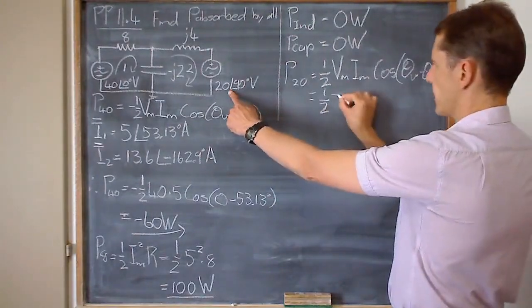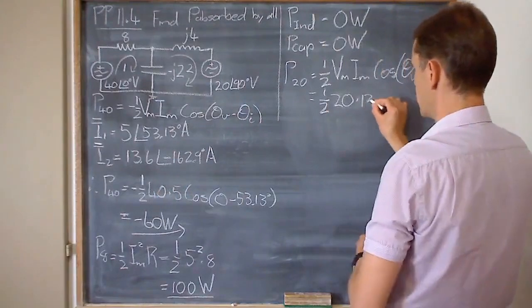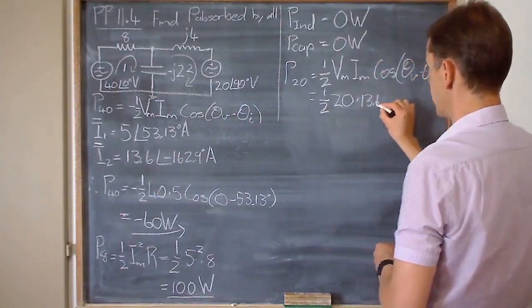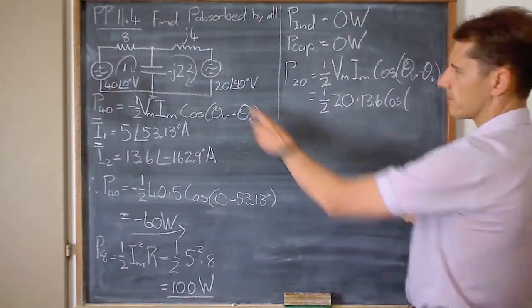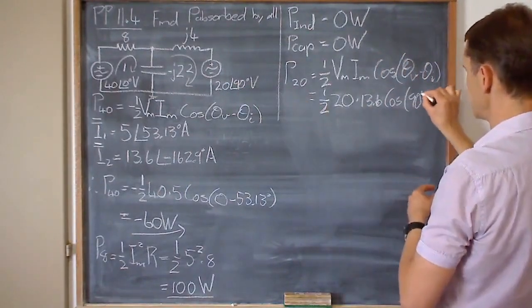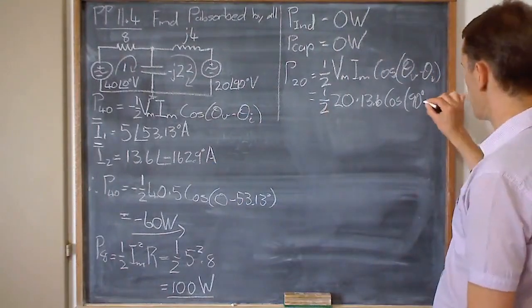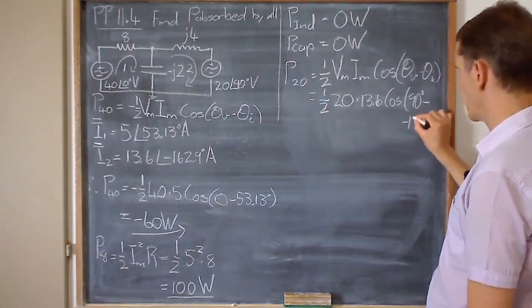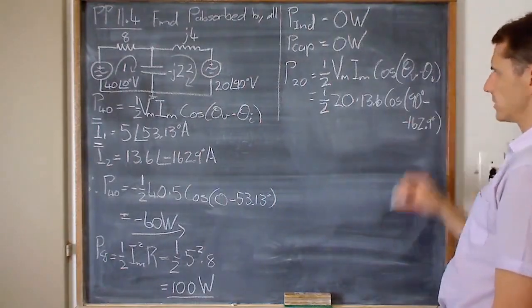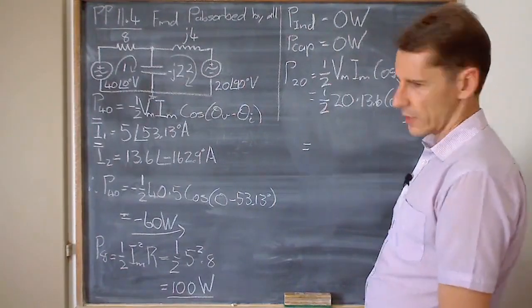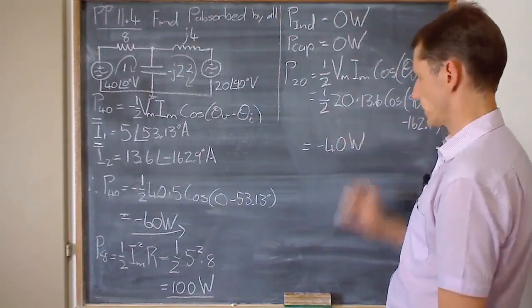What's the voltage? 20. Current, it's now I2 flowing, so it's times 13.6. And then cosine of theta V for this one is 90 degrees minus minus 162.9 degrees. All right, so that two minuses will end up to be a plus. You do the number crunching and you will get minus 40 watts.